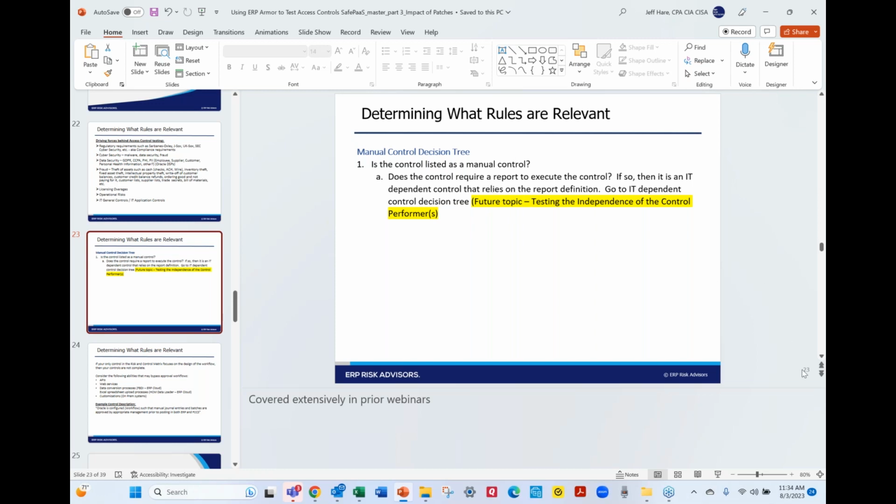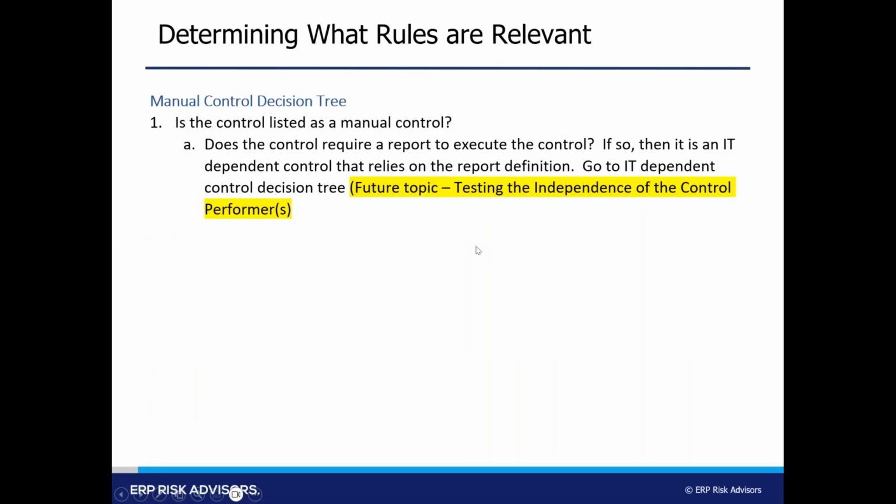Let me go back to my slides here. I covered how to determine what rules are relevant pretty extensively in the first 2 webinars. It's what we call evaluating our in-scope rules. From a compliance perspective, what rules should we be evaluating, SSD and sensitive access? From a cyber perspective, primarily looking at sensitive access risk and so on.